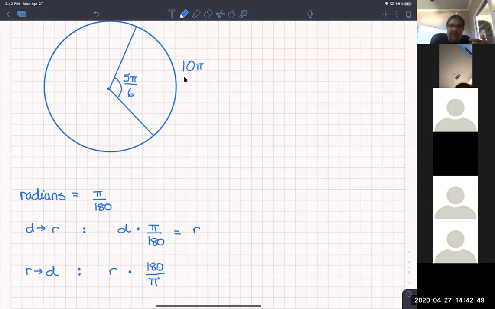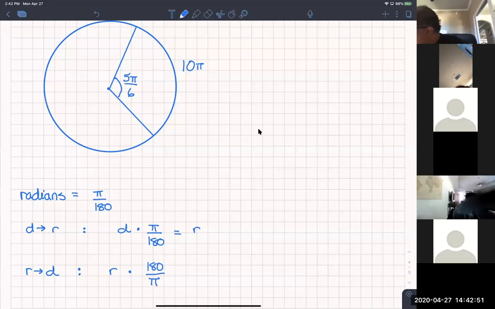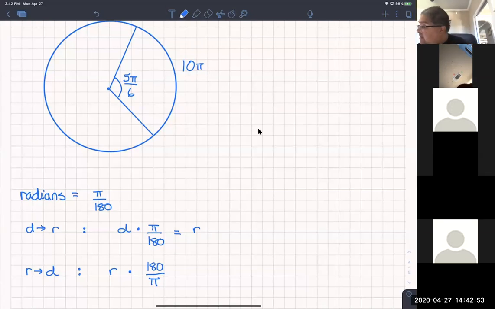Remember, the arc length was the circumference times the angle measure divided by 360.